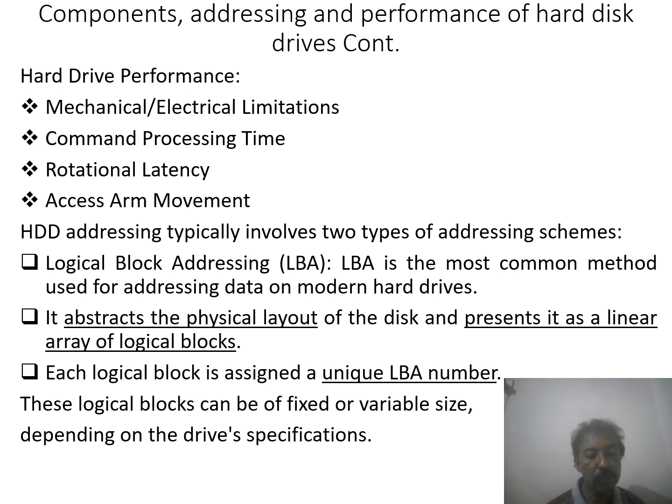It abstracts the physical layout of the disk and presents it as a linear array of logical blocks. Each logical block is assigned a unique LBA number. This logical block can be fixed or variable size depending on the drive specification.